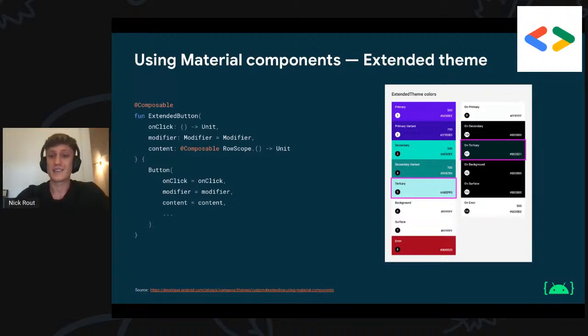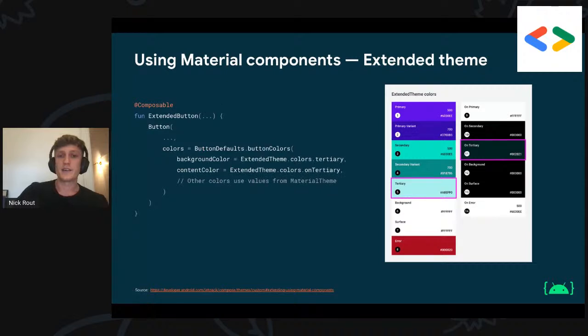Firstly, if you're using an extended theme, you're going to want this approach, which I'm going to call wrapping a Material component. What this does is have a function which wraps the existing Material composable function and provides it with the values from your custom theme. So here, we set it up by creating a composable function called ExtendedButton and passing through all the standard parameters: an onClick listener, a modifier, and content.